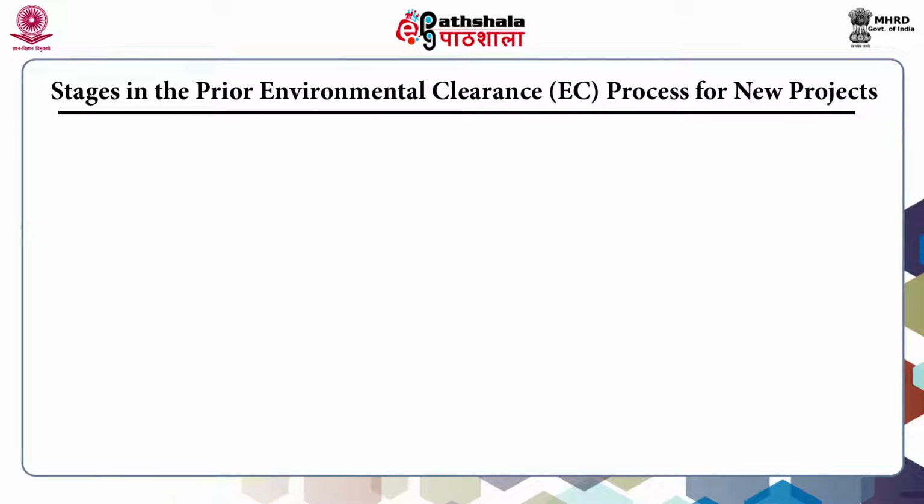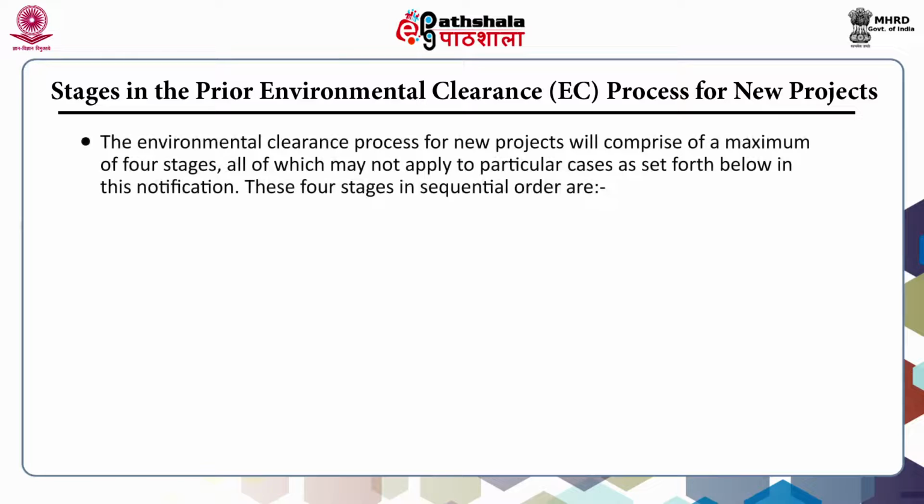Next, stages in the prior environmental clearance process for new projects. As per this notification, the environment clearance process for new projects will comprise a maximum of 4 stages, all of which may not apply to particular cases as set forth in this notification.